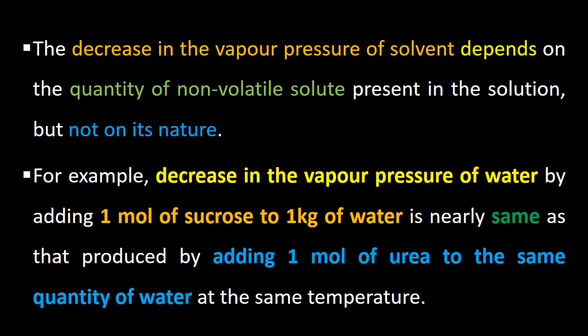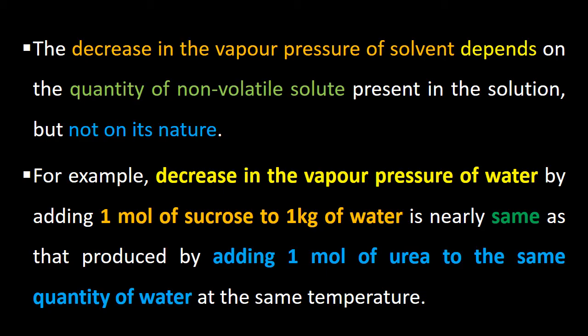For example, decrease in the vapor pressure of water by adding 1 mole of sucrose to 1 kg of water is nearly the same as that produced by adding 1 mole of urea to the same quantity of water at the same temperature.